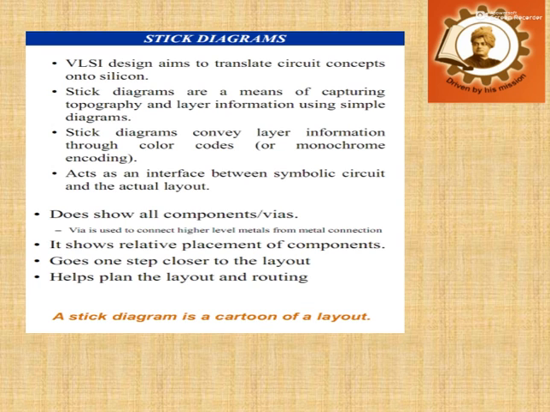So the stick diagram is a means of capturing topography and layer information using a simple diagram. A stick diagram conveys layer information through color codes. Just like blue will represent our metal, red will represent our gate, green will represent our NMOS, yellow will represent our PMOS, the P diffusion layer.